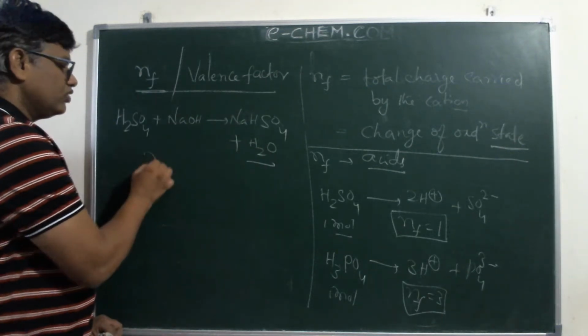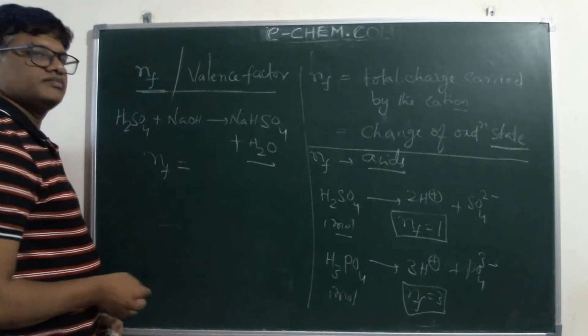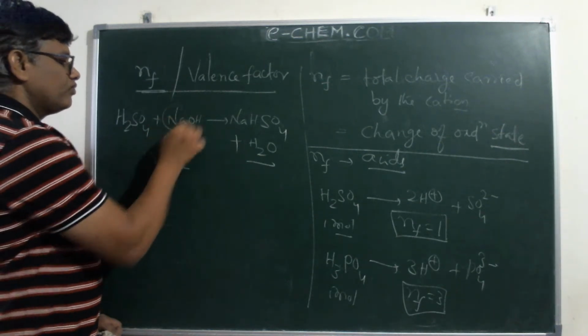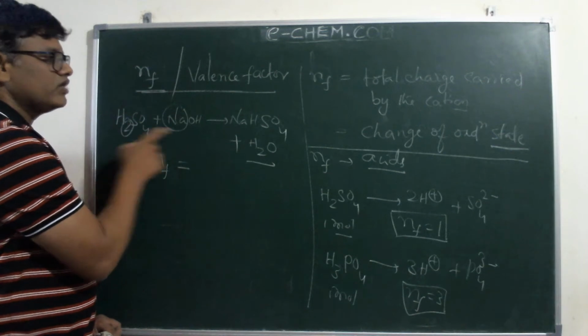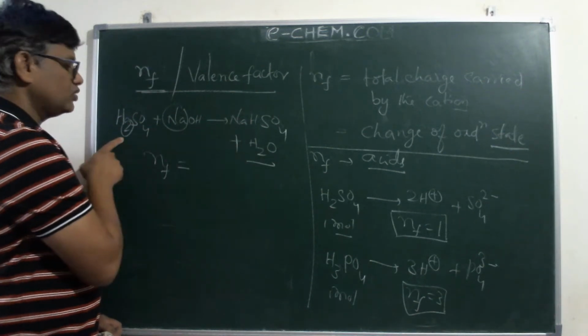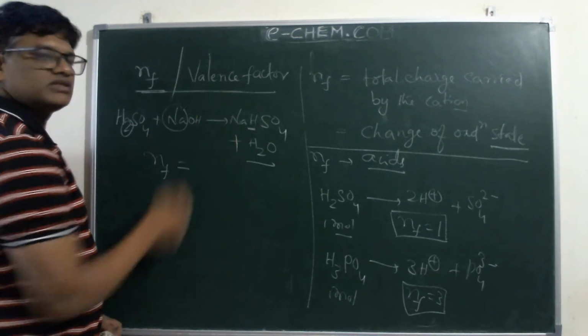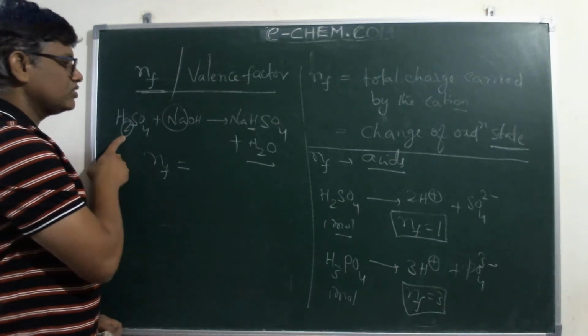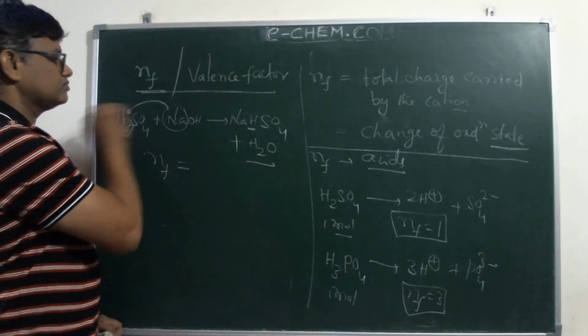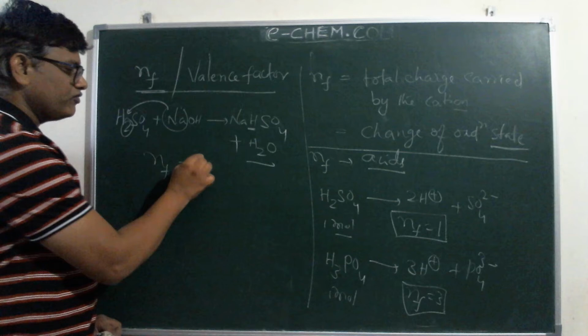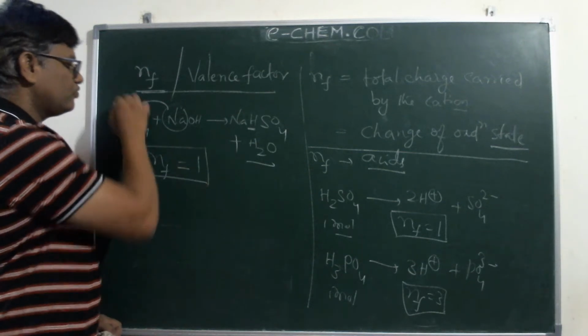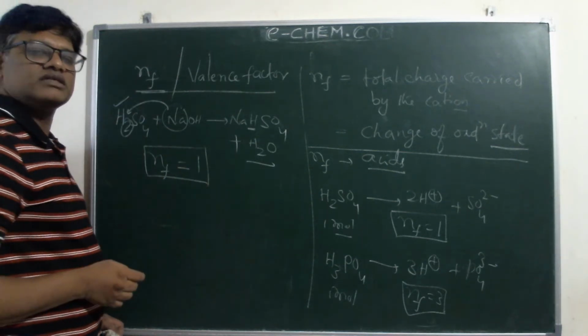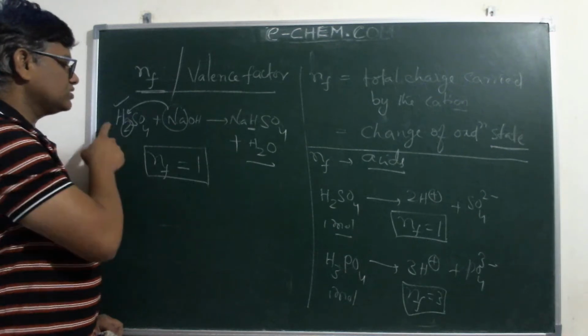Now, if I want to calculate the n factor for this, how many hydrogens are replaced? Only one. Among 2 hydrogens, 1 hydrogen remains, and 1 hydrogen is replaced by sodium. Therefore, the n factor is taken as 1 for this reaction to calculate the equivalent mass for sulfuric acid.